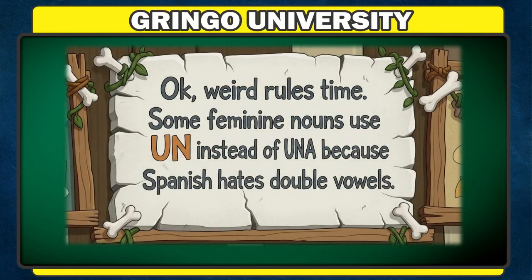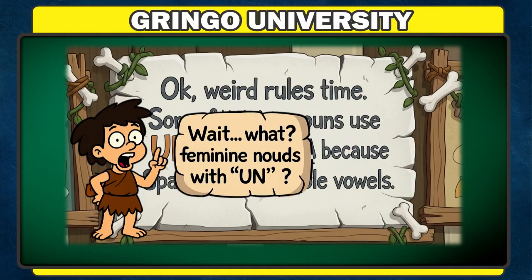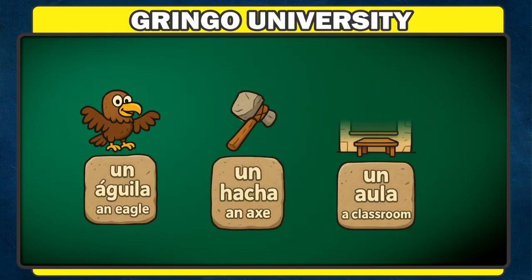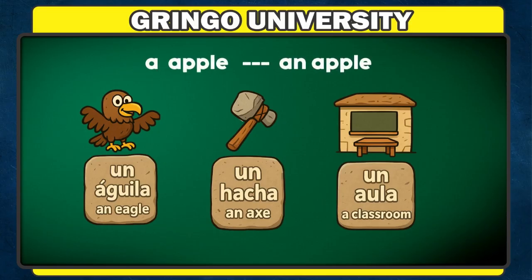Okay, weird rules time. Some feminine nouns use un instead of una because Spanish hates double vowels. Wait, what? Feminine nouns with un? Yep. For example, un águila, an eagle. Un hacha, an axe. Un aula, a classroom. But you just said they're feminine. They are. We just cheat to make it sound better. It's like when English says an apple instead of a apple.